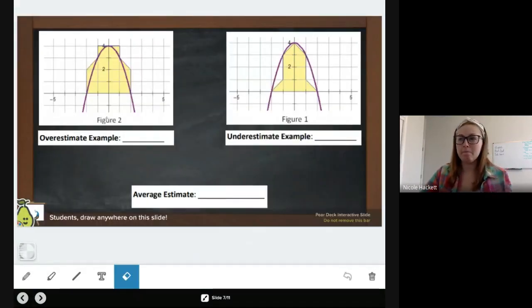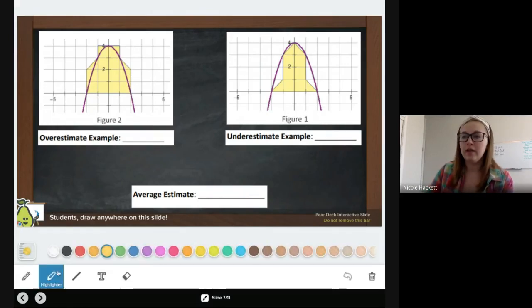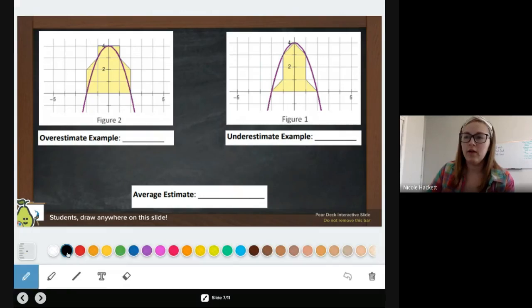There we go. All right, so we're first going to do, this is an overestimate. Notice it's an overestimate because it goes outside of those curved lines. And our other one is an underestimate because it goes inside and doesn't quite get everything. So we're going to start counting here.